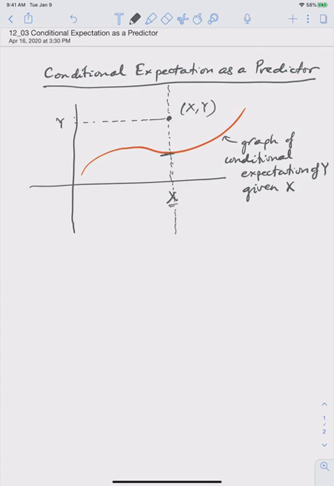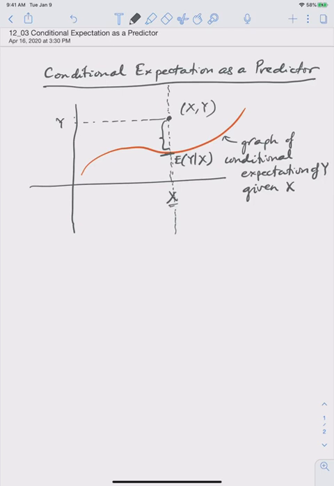This height here is the expectation of Y given X. And what we're going to do is to see how good or bad this is as an estimate. So naturally, we want to look at the error.